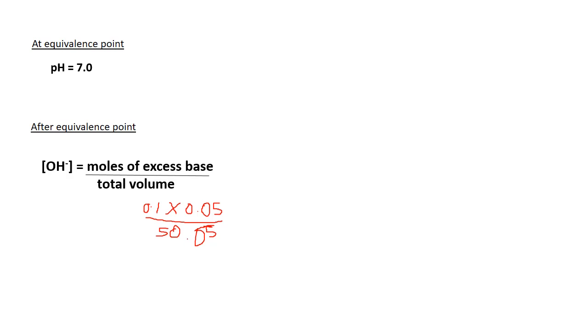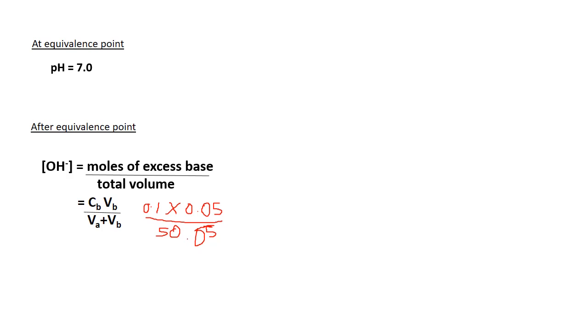So to find the pH after the equivalence point, we have to think about the OH minus concentration, not the H plus ion concentration. When we consider the moles of excess base, one drop after the equivalence point, actually it is 25.05 cubic centimeter, because one drop from the burette means 0.05.